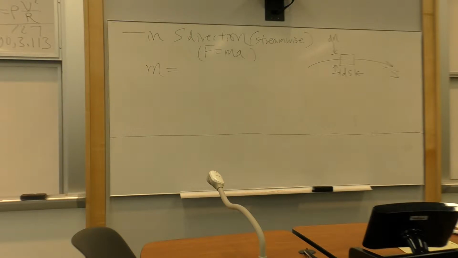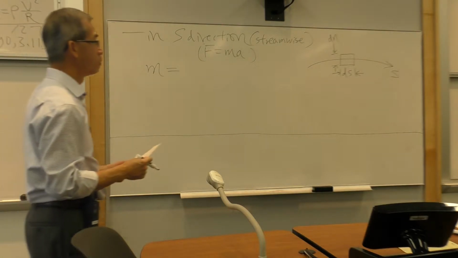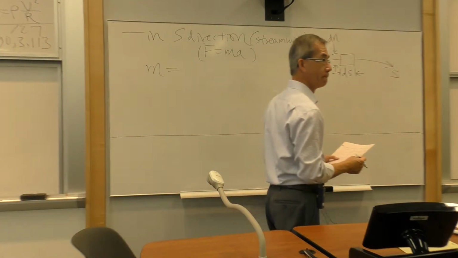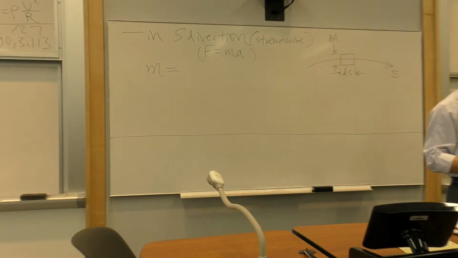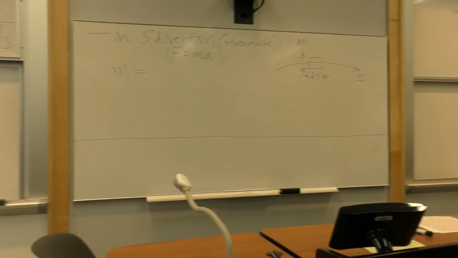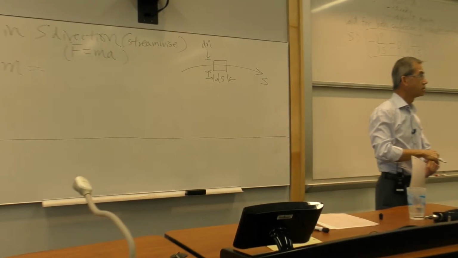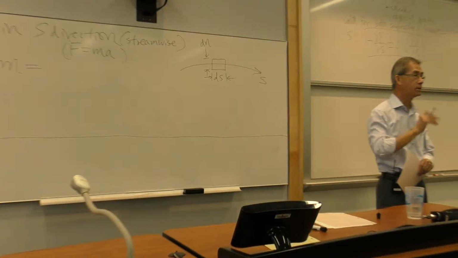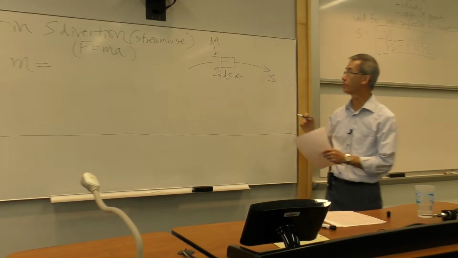And this is a 2D problem. What is the dimension into the board? What is the dimension into the paper? It is unity, equal to 1, per unit depth.